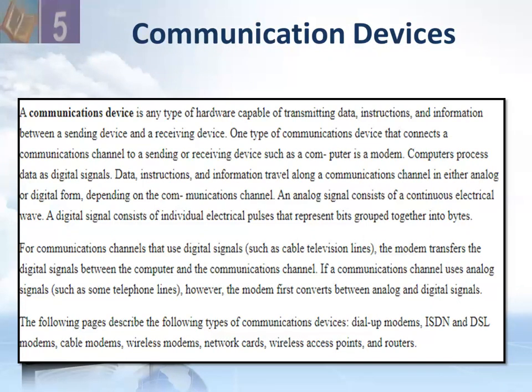If a communication channel uses analog signals, such as some telephone lines, however, the modem first converts between analog and digital signals. So the device that is used in telecommunication system for transmitting data from one location to another is known as communication device. This is a simple definition of your communication device.